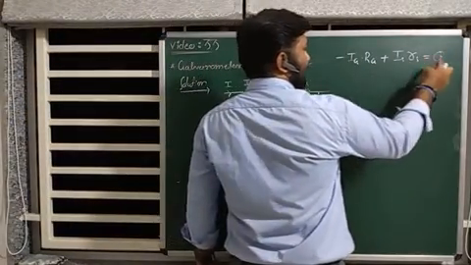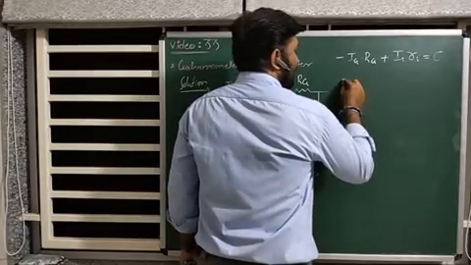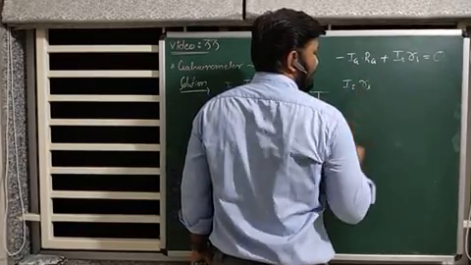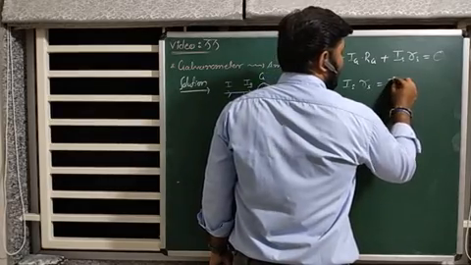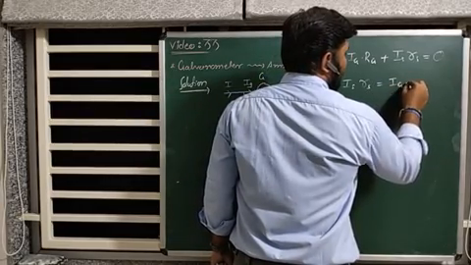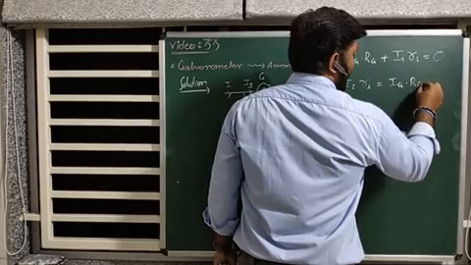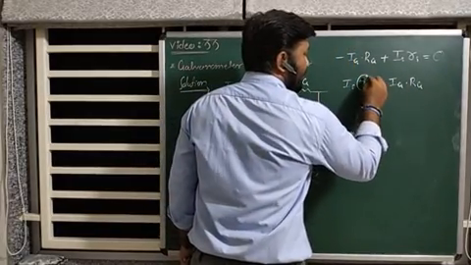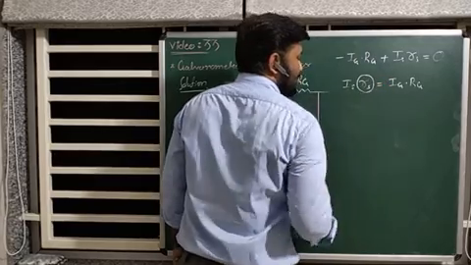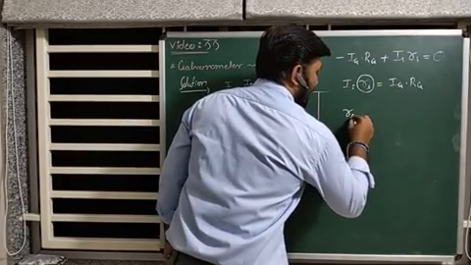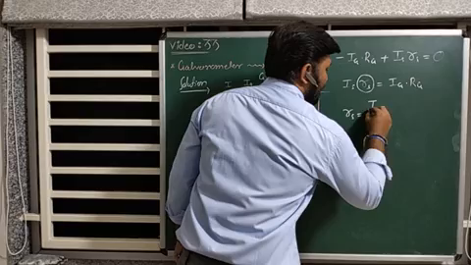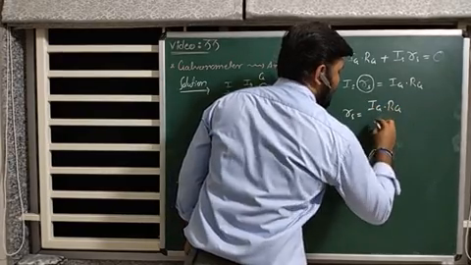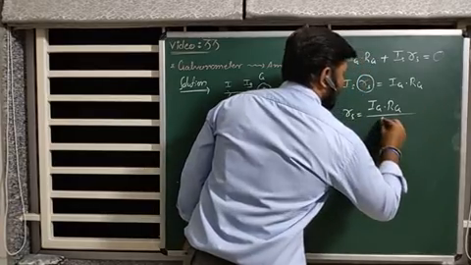Take this term on this side. So you will get Is Rs is equal to Ig multiplied by Rg. If you want to find Rs, the shunt resistance, Rs is equal to Ig multiplied by Rg upon Is.